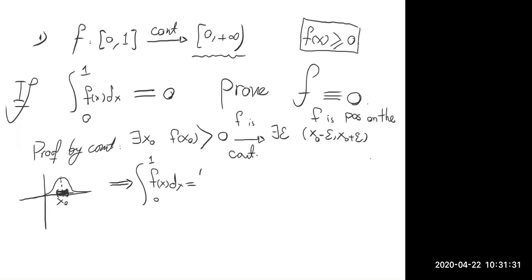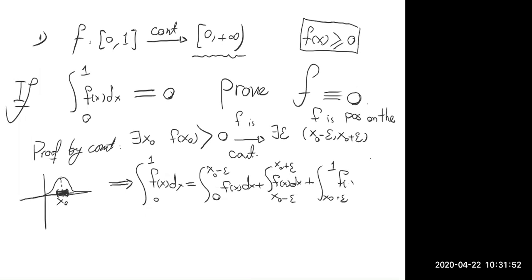We can break this integral from 0 to x naught minus epsilon, then an integral from x naught minus epsilon to x naught plus epsilon, and then the rest.